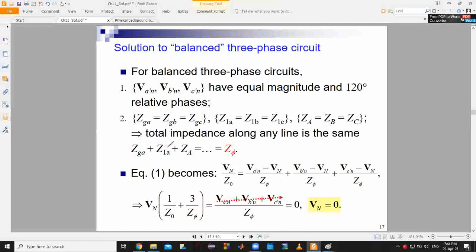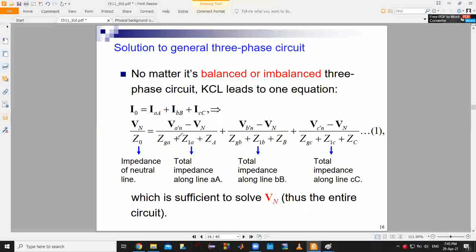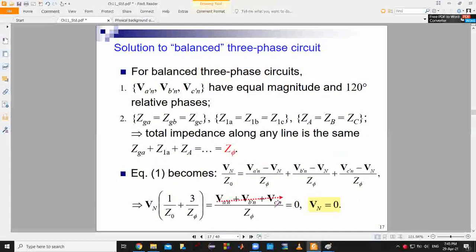So the combination of the total impedance per phase is denoted as Z phi. Now equation 1 becomes, if we combine all of this, this becomes Z phi. So that is what we have right here.